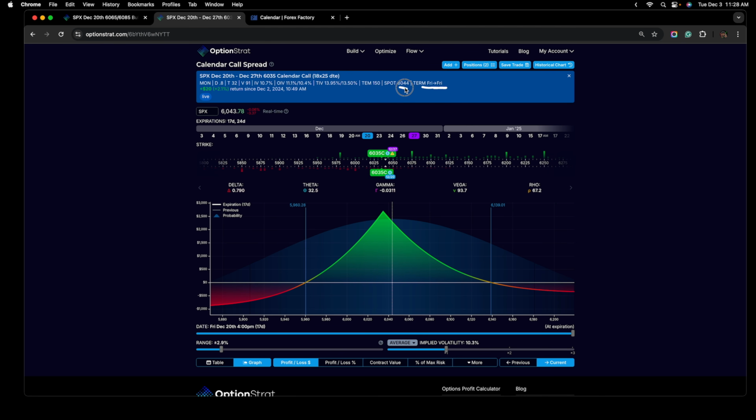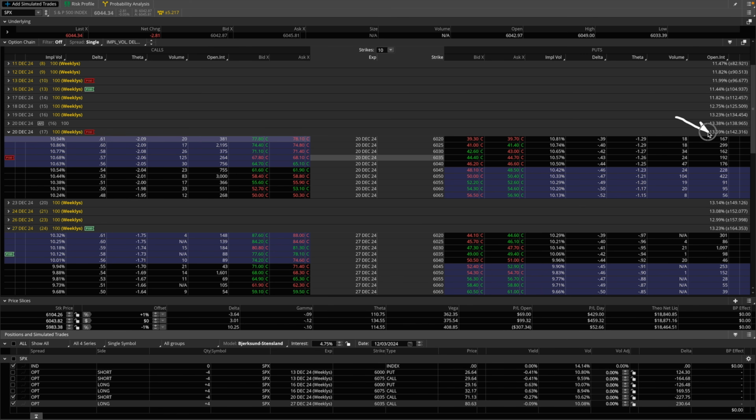I like to mark where the SPX was when I opened the trade. As you guys can see here, I was about 9 points out the money to the downside when I first opened the trade. As I went with 35, the SPX was at 44. This is what Thinkorswim was saying was the implied volatility for the front month, and this is what Thinkorswim was saying was the implied volatility for the back month. So 13.95. As we can see right now, it's 13.59. So the implied volatility for December 20th has decreased slightly.